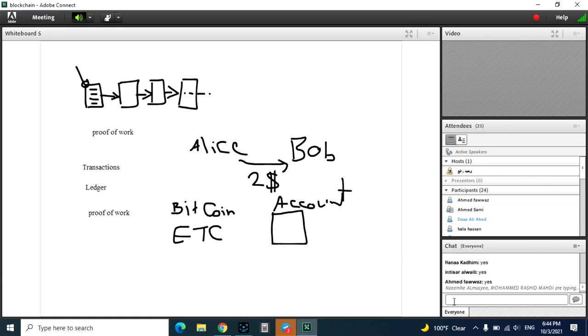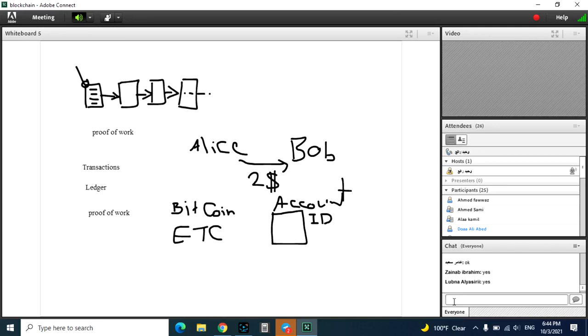I said in real life, you all have accounts in banks. In banks, your real identities like your name, your national ID, and some other information are kept.